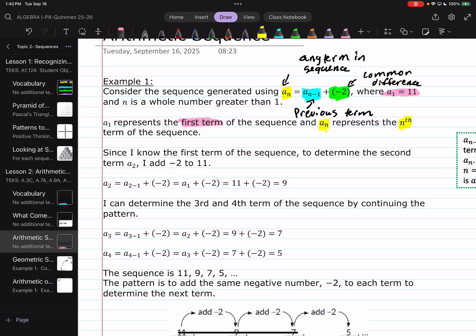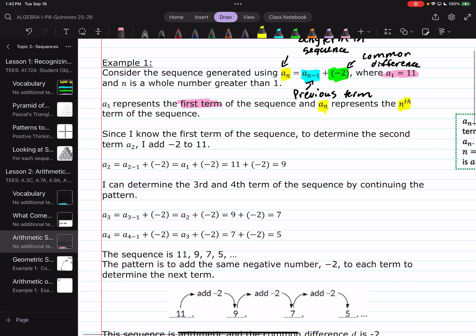So, let's use our knowledge of how arithmetic sequences work. In this example, I want to find the second term. So what I need is to find the value of the previous term and then add -2. Well, we know what the value of the previous term is, right?